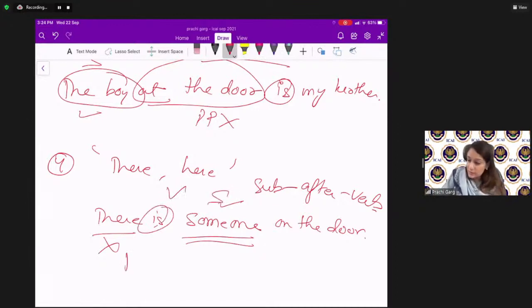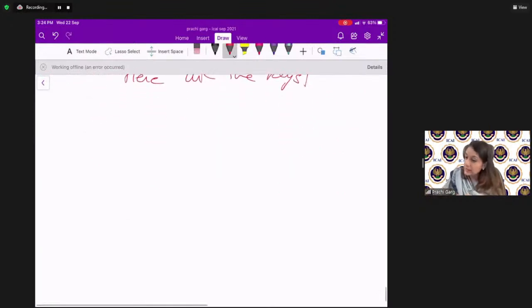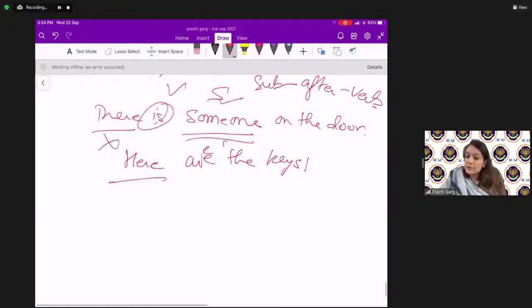Take one more example. Here are the keys. Now, here is not the subject. Keys is the subject here, and so we use are here as a verb. These are some exceptions. You just need to know about it.